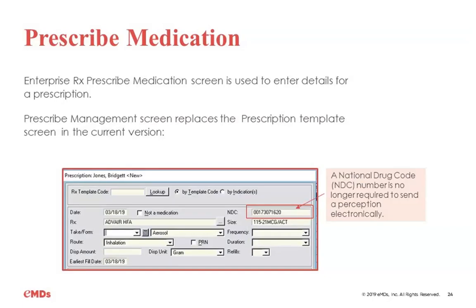That information pulls in whatever default and an NDC number, just like what you're seeing here, and then we can document the take form and so forth right from this template. With the prescription medication in Enterprise, that replaces all of that workflow, but the concept is pretty much still the same as far as entering information.